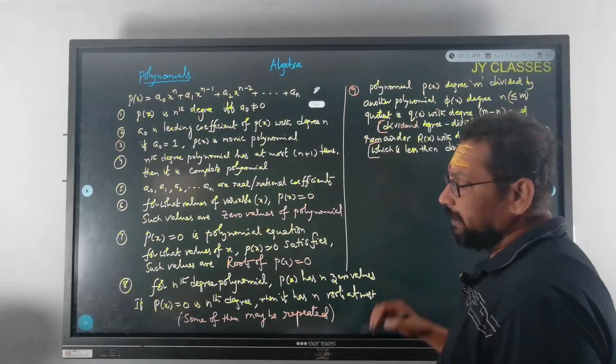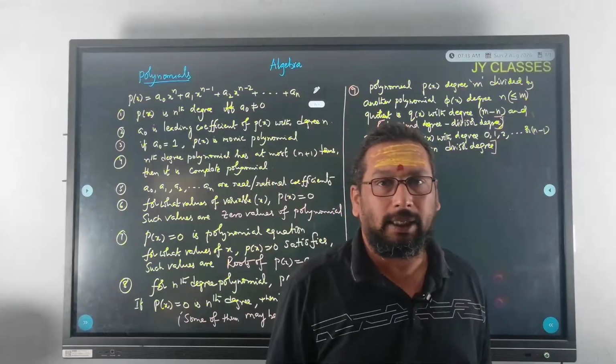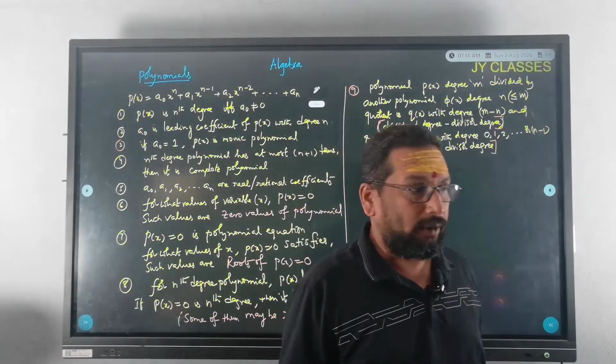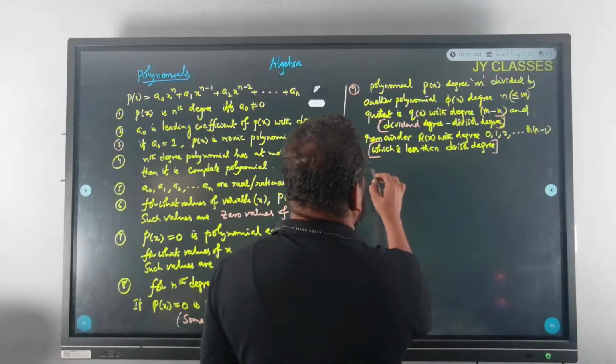Remainder degree is always less than divisor degree, as in the regular division algorithm. So here, while comparing degrees, this may be considered.